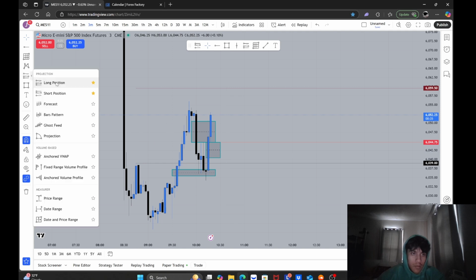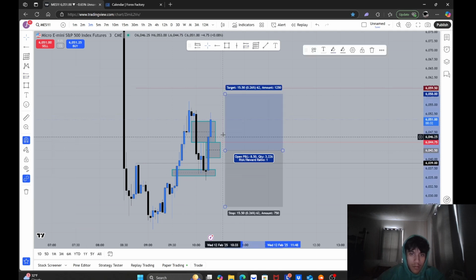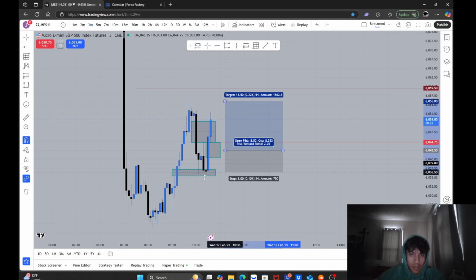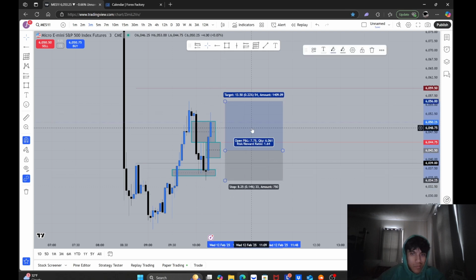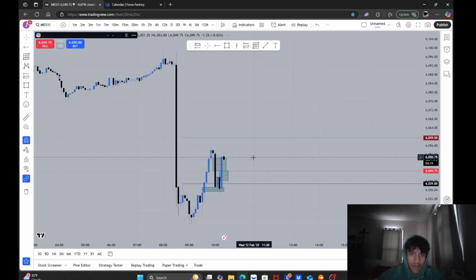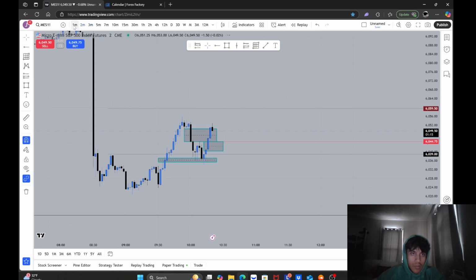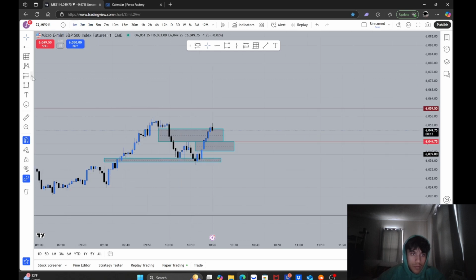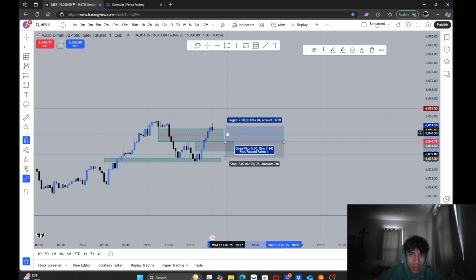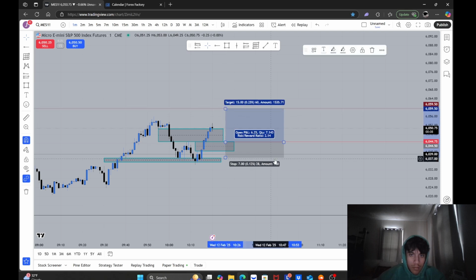If we get back down there, how much is this? So it's not even a 1 to 2. Oh wait, we haven't even hit equilibrium here yet. I could take it to equilibrium for sure if it does retrace, right? At least down to here. 1 to 2 risk.